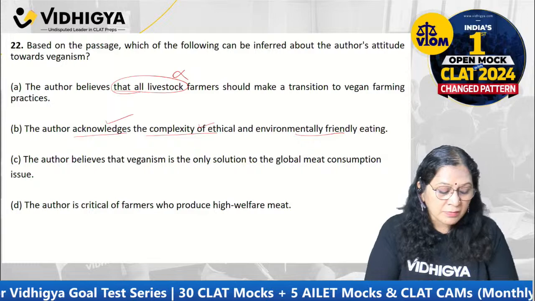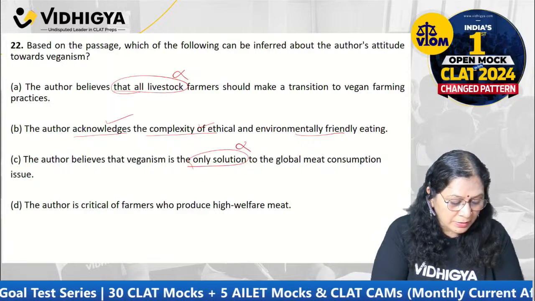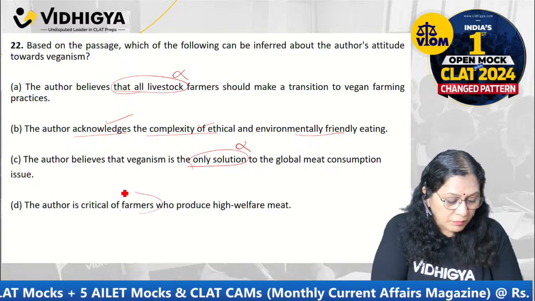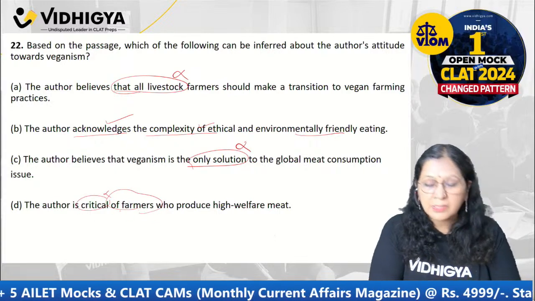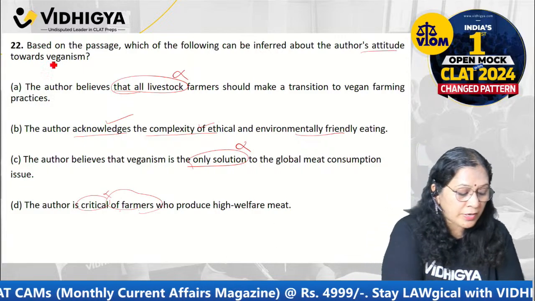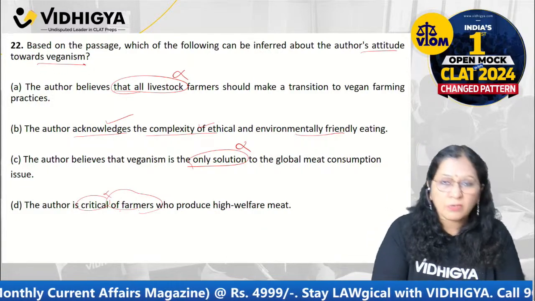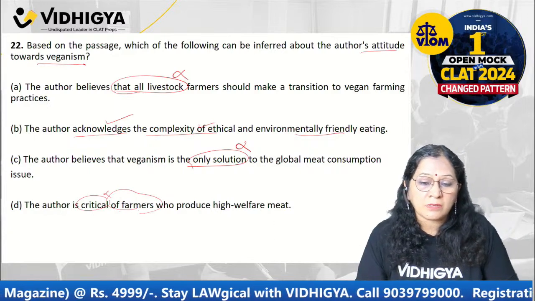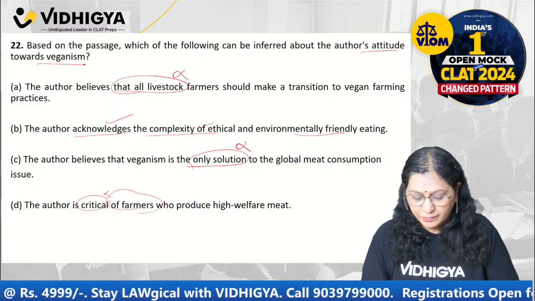Author believes that veganism is the only solution, जरूरी नहीं है. And is he critical of farmers who produce high welfare meat? Is not critical there. He says good farmers हैं, bad farmers हैं. हमें एटीट्यूड टुवर्ड्स वेगनिज्म चाहिए, टुवर्ड्स फार्मर्स की बात नहीं थी. तो अगर ये सेंटेंस सही भी लगता है, लेकिन आंसर नहीं होगा क्योंकि फार्मर्स के लिए.